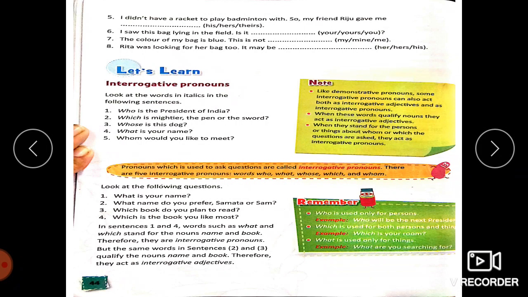Interrogative pronouns are often confused with interrogative adjectives. So again we have to understand how to identify these. Now interrogative pronouns, we have already learned, are these words with WH: who, what, whose, which, and whom.